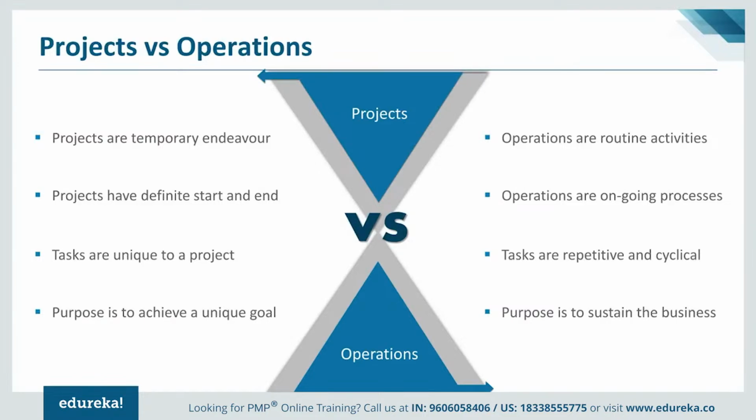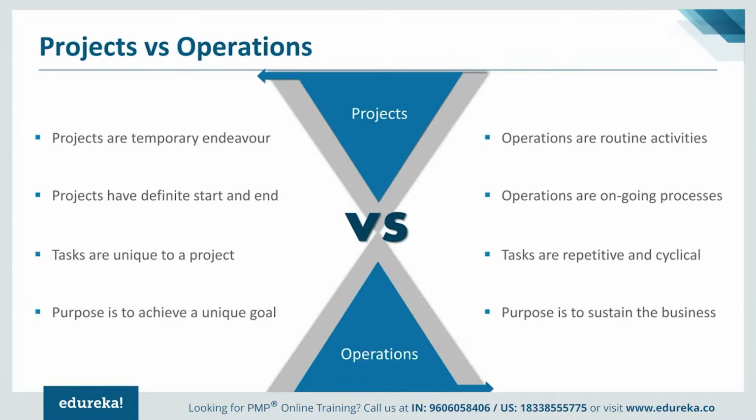Tasks are unique to a project, so every project outcome that we get is unique. When you undertake a project, you are creating a unique product, a unique service, or some unique result by the end of that project.